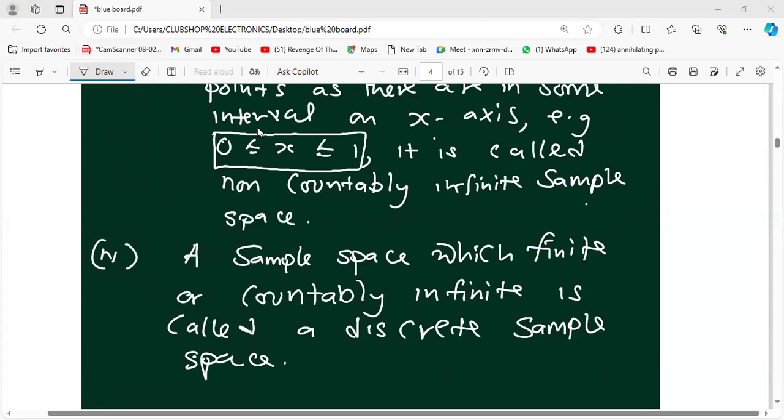So if a sample space is finite, or countably infinite, that sample space is called a discrete sample space.